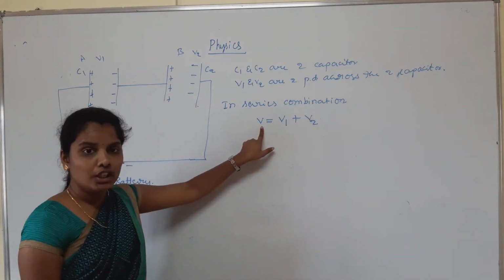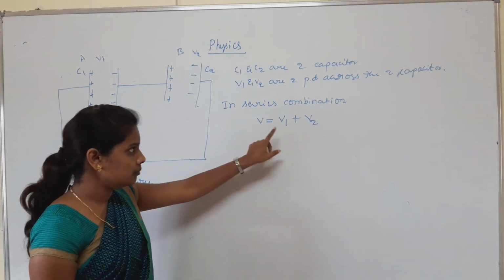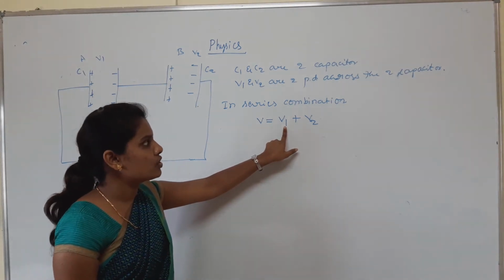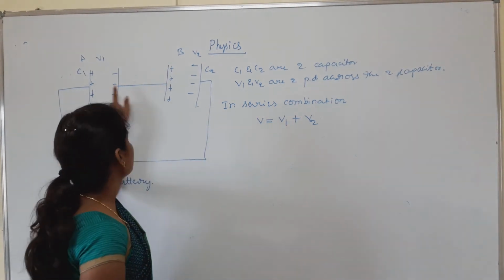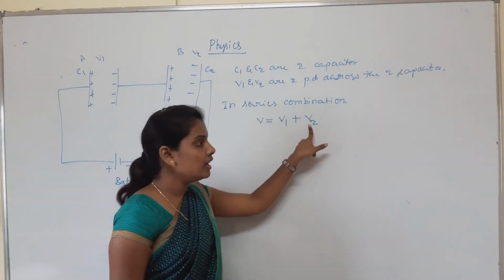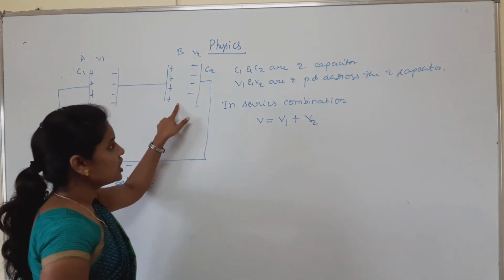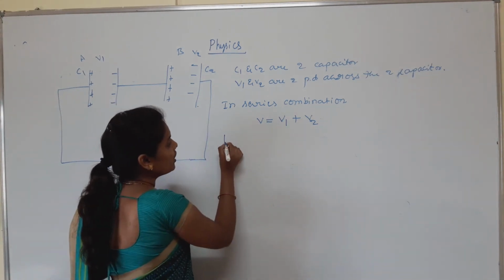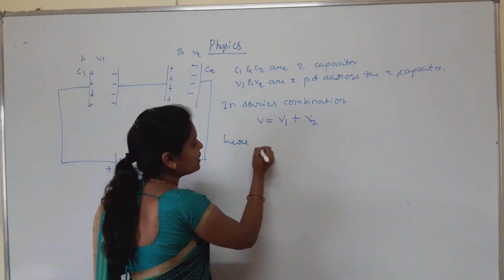Here V is the total potential difference, V1 is the potential difference across C1, and V2 is across C2.